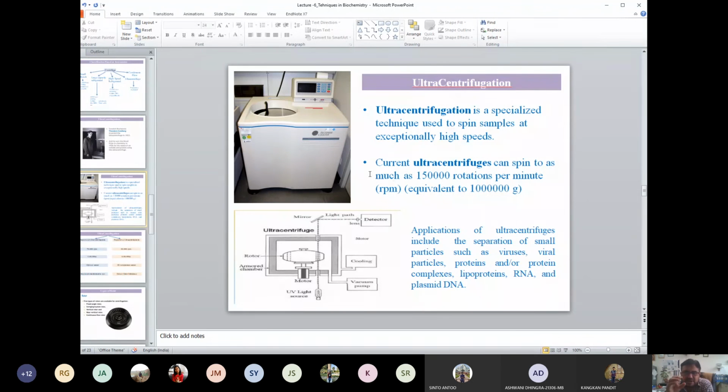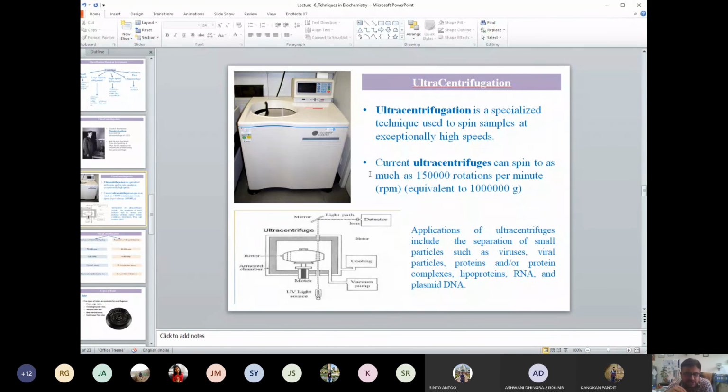As the term suggests, ultra means very high speed, and then centrifugation. Current ultracentrifuges can create up to 150,000 RPM, which is equivalent to almost 10 lakh G. So exceptionally high speed is one of the prerequisites to be called an ultracentrifuge.